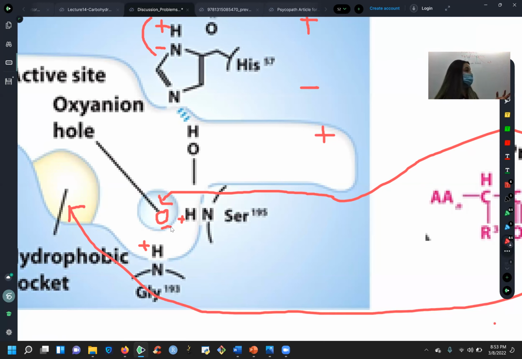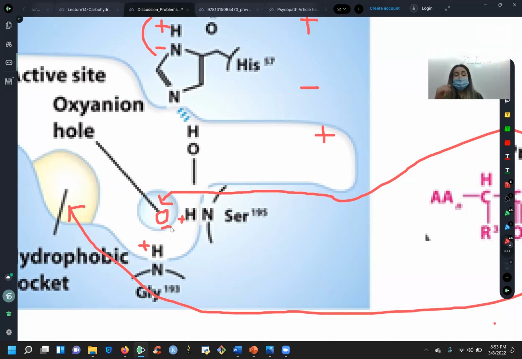That is why chymotrypsin strategically placed glycine and serine, the NH portion right there, to stabilize that super crazy negative charge. You have to know that. It might be on your test, like multiple choice, and they'll try to trick you. So know your facts, okay?